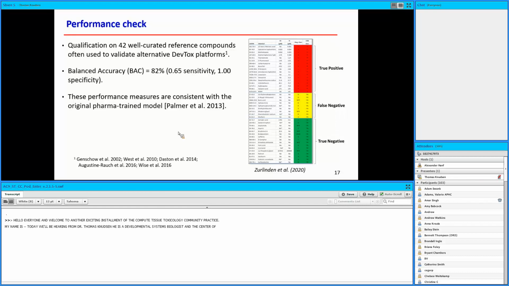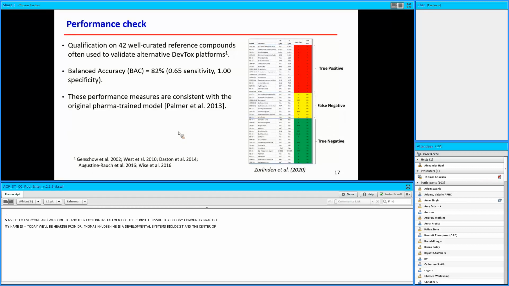Across the 42, we identified a number that were true positives, a number that were true negatives, and then a few that were false negatives. We did not detect any false positives. The overall balanced accuracy of this comparison was 82%. We had picked up about 2/3 of the positives with perfect specificity overall.